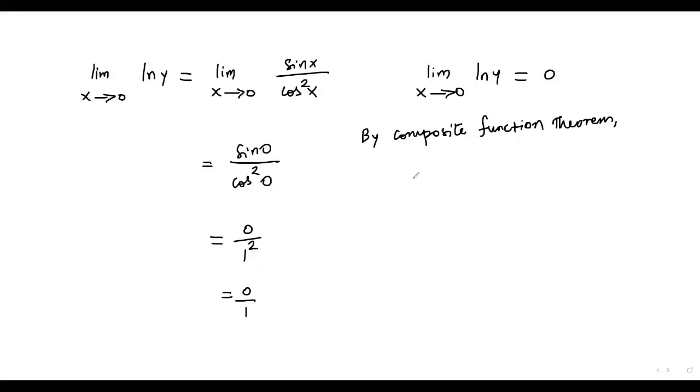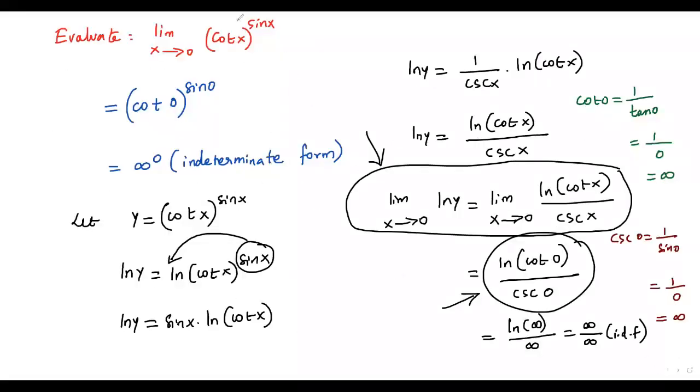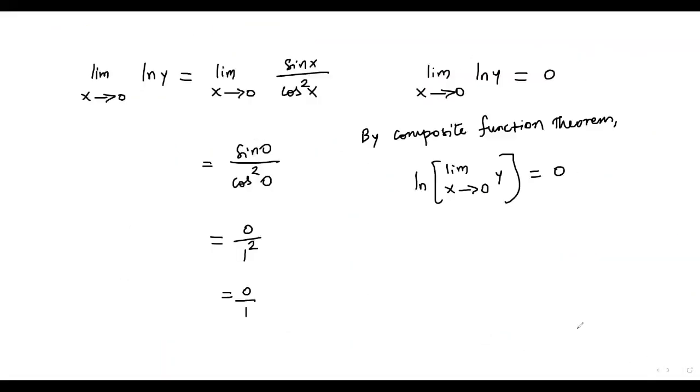Then I'll be getting natural logarithm of limit x tends to 0, y equals 0. Now we already know what y equals. We have considered y for the given function, that is cotangent x to the power of sin x. So y can be replaced by cotangent x to the power of sin x.